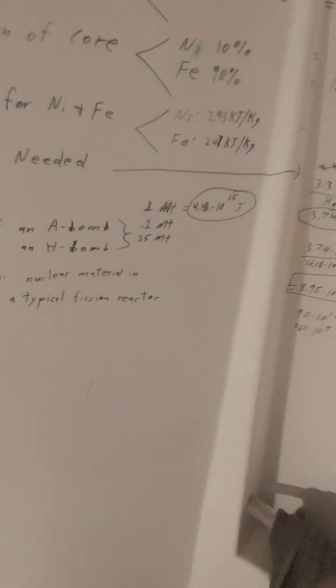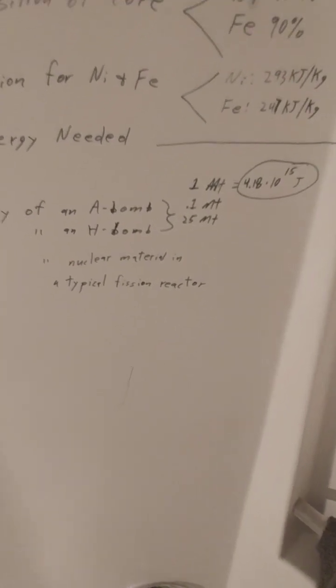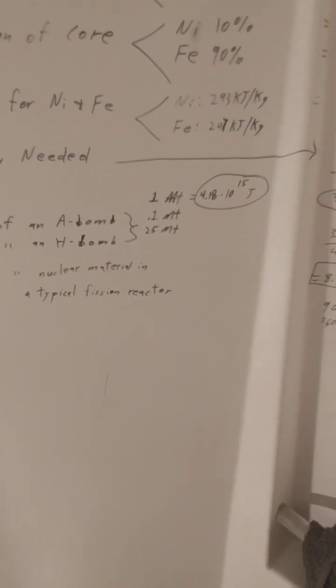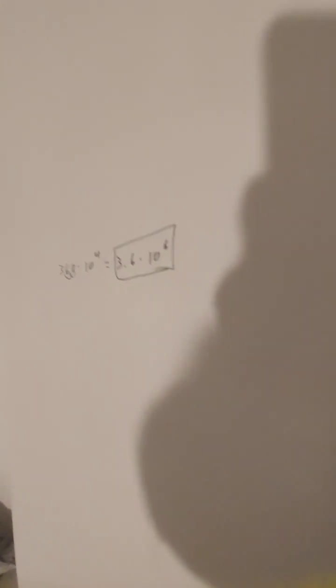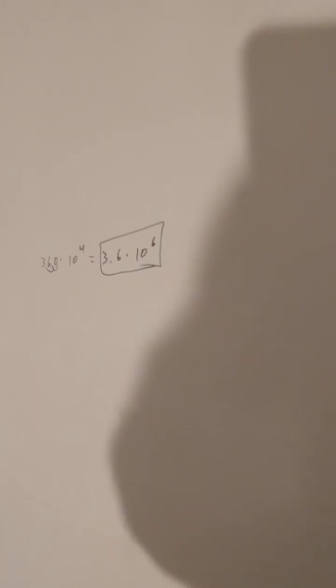So I'll look up the total energy output of a typical fission nuclear reactor in a year and put it in there as well, but it's going to be something on this same order.